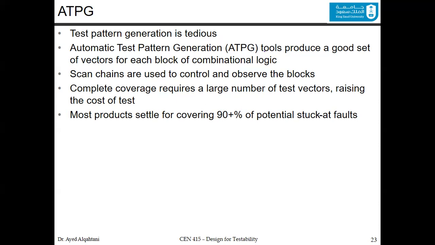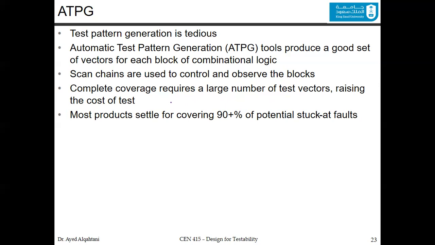Now, the ATPG tools produce a good set of vectors for each block of combinational logic, and the scan chains are used to control and observe the block, as we just saw. Complete coverage requires a large number of test vectors, and this will in turn raise the cost of the test.